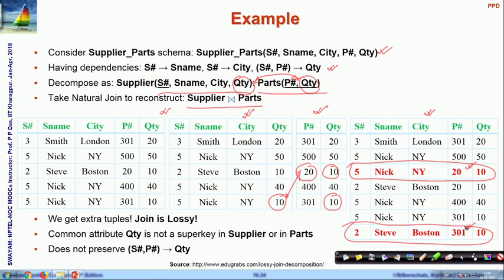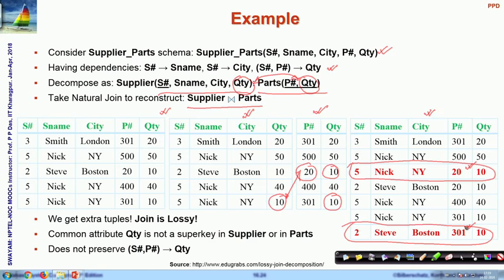So, we get extra tuples, and mind you, though we are actually getting extra tuples, we say that this join is lossy, because if you get extra tuples, then you are losing information, you are losing correctness. So, being lossy is actually losing correctness.